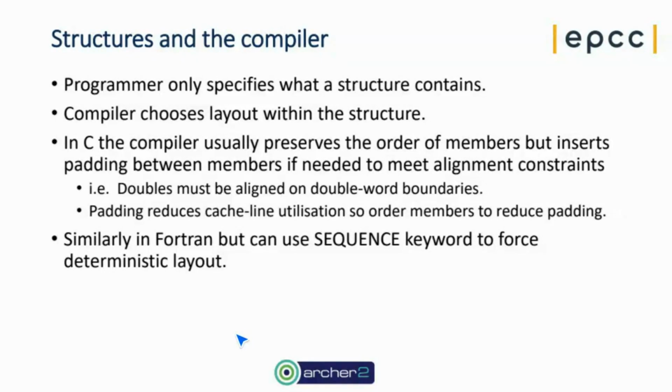So it's good to order your main data structure members to reduce the amount of padding that's needed. For example, collect all your integers together, followed by all your doubles together, so that the amount of padding is minimal.